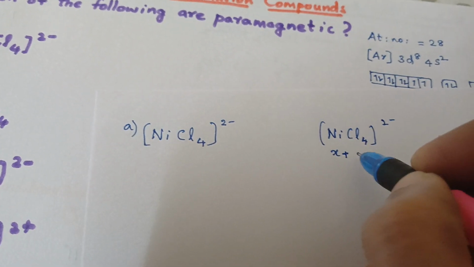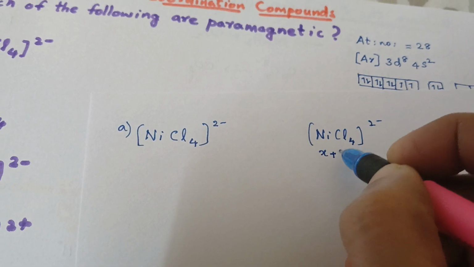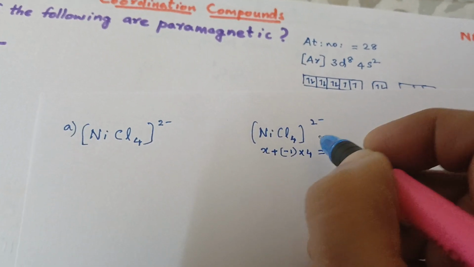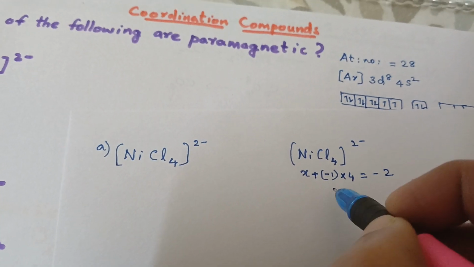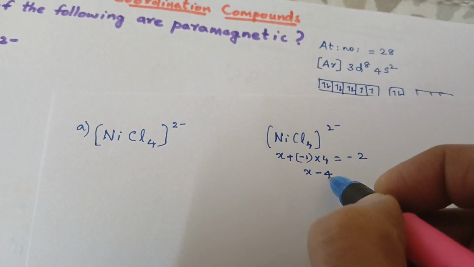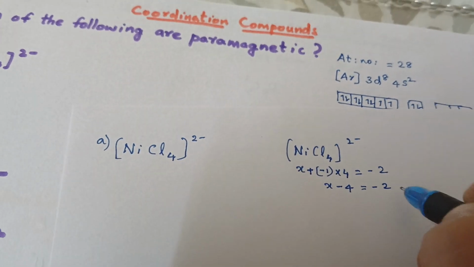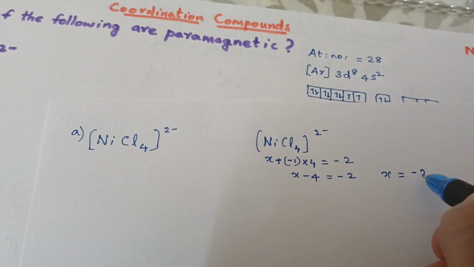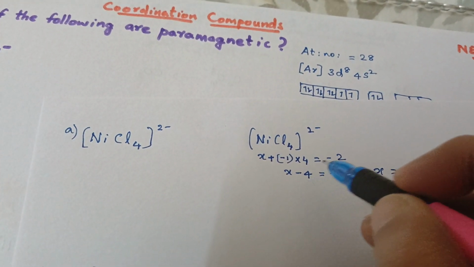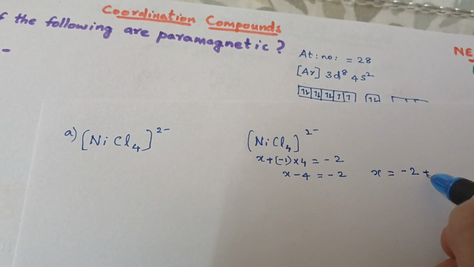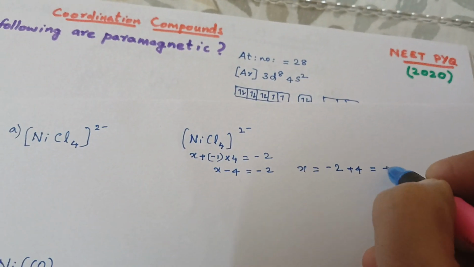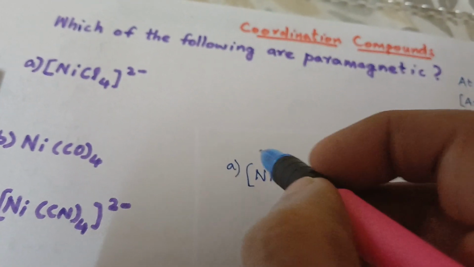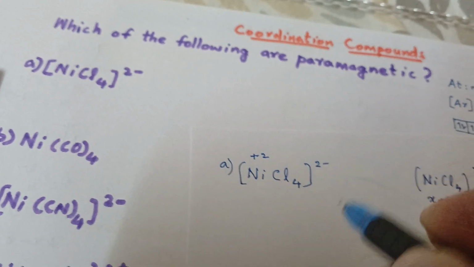So X plus minus 1, the oxidation number of chlorine, into 4 equals the overall charge of minus 2. So X minus 4 equals minus 2. X equals minus 2 plus 4, which gives plus 2. So nickel is in its plus 2 oxidation state.